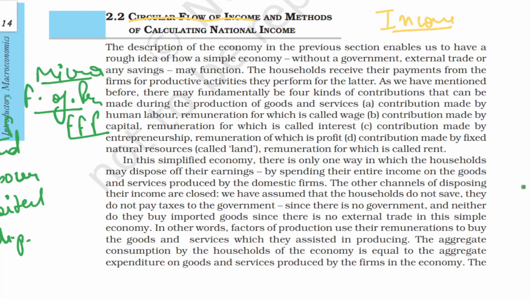Now, against land we used to get rent, against labor we used to get wages, against capital we used to get interest, and against entrepreneurship we used to get profit. Do remember that these are the factor services, or factors of production, and these are the factor payments which will be received if you provide these services.